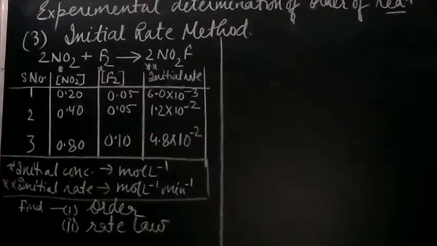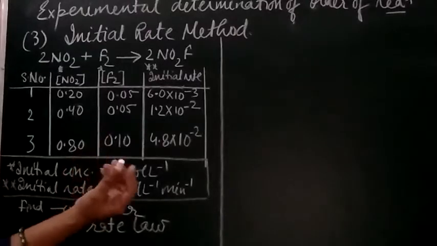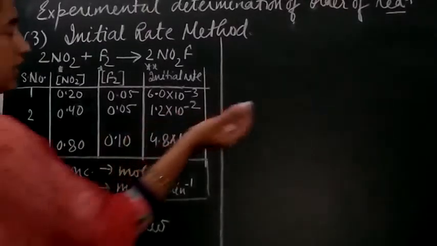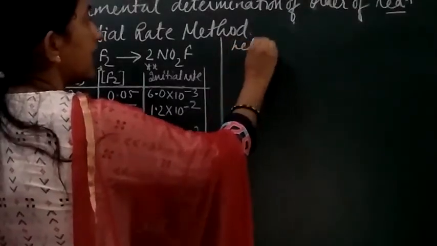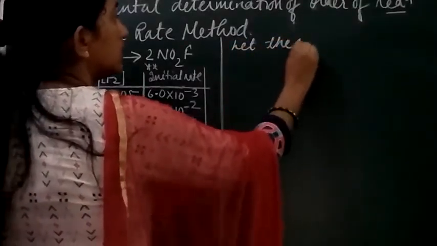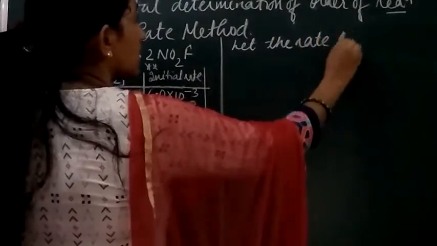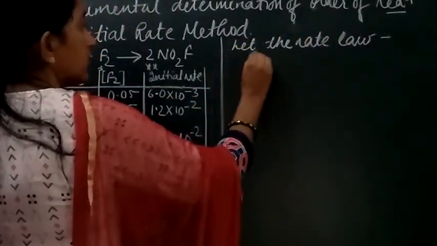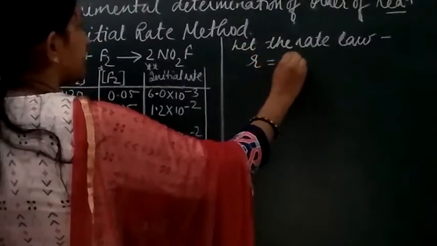So students, first of all we will write the rate law. Let the rate law be rate equals k [NO2]^a [F2]^b.